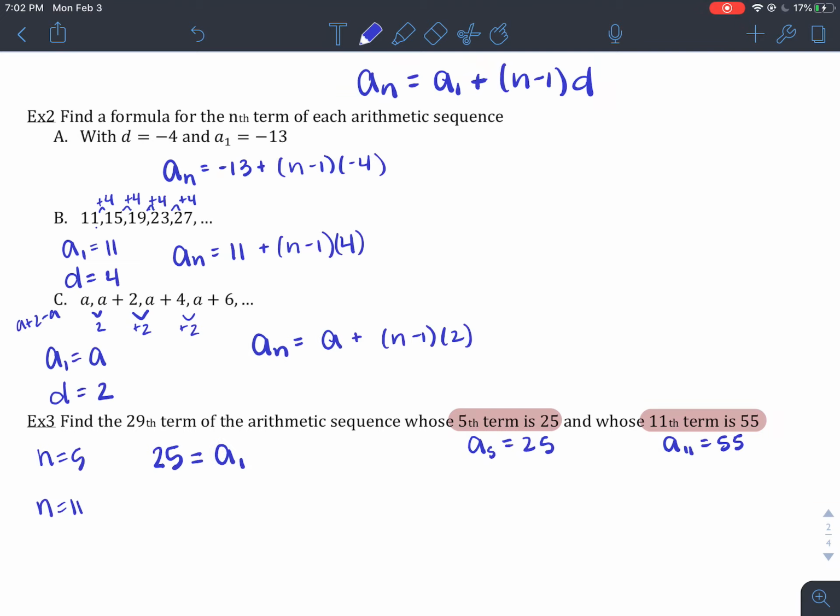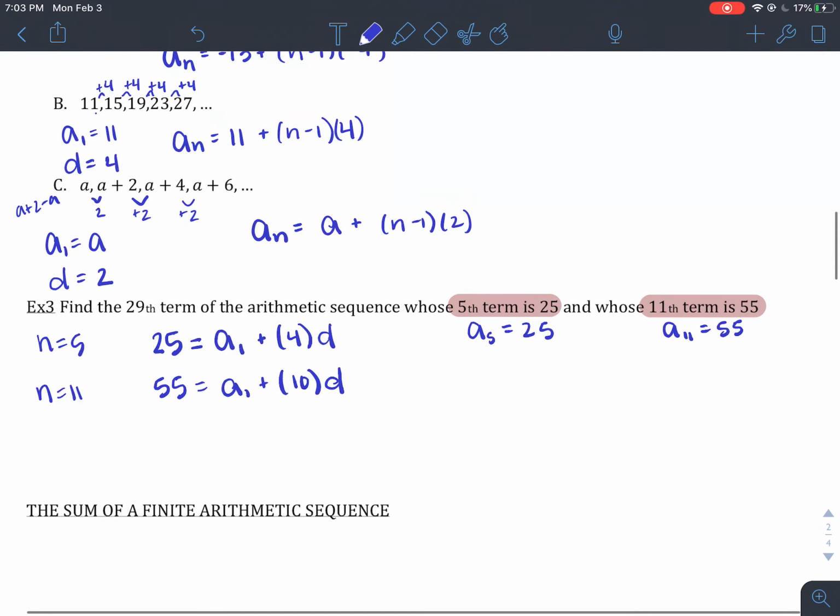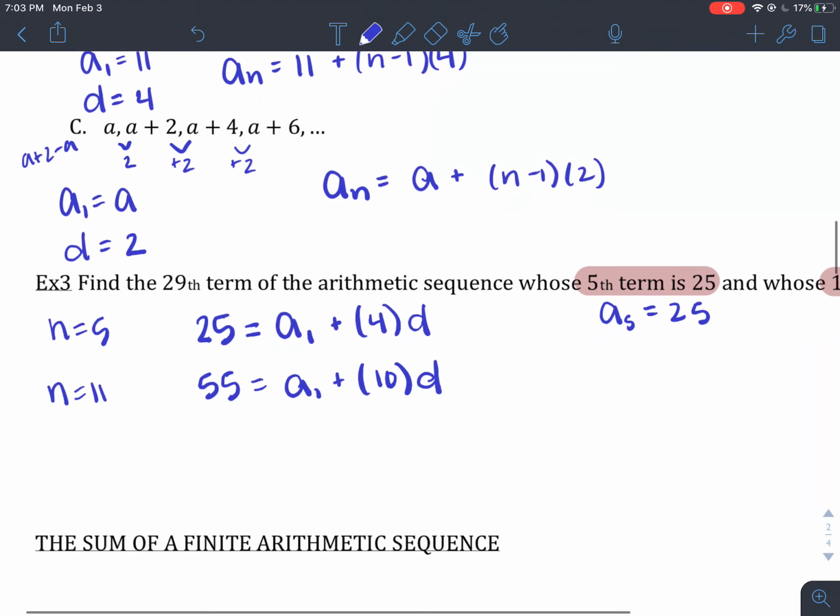But 25, according to our formula, has to equal a sub 1 plus n minus 1, for us that's 5 minus 1, or 4, times d. And then we do it again with a sub 11. We know that a sub 11 is 55, but that, according to our formula, is a sub 1 plus 11 minus 1, or 10, times d. So we have a system of equations with our variables a sub 1 and d.